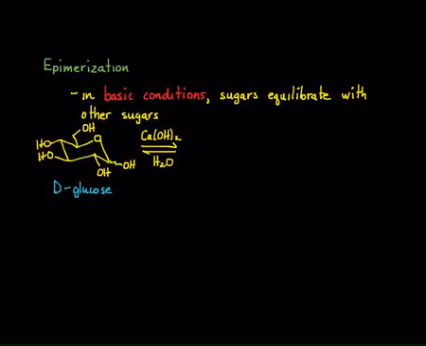What I find happens is that I get a conversion of some of the D-glucose into an epimer. So remember, an epimer is a sugar in which one of the stereogenic centers is changed. And so you see that at the C2 carbon the OH has gone from equatorial to axial.